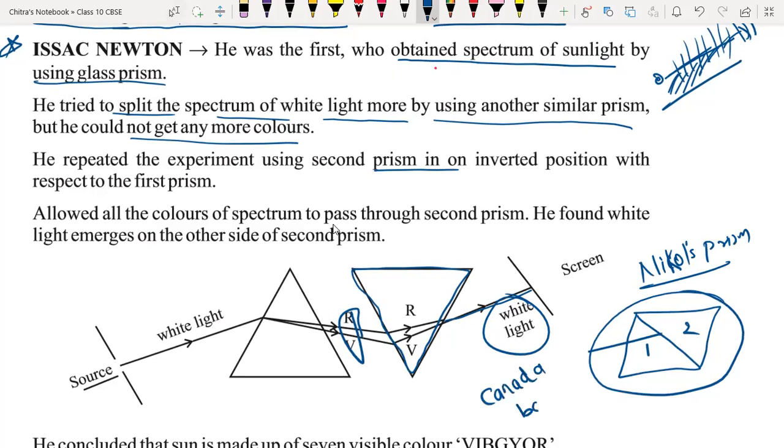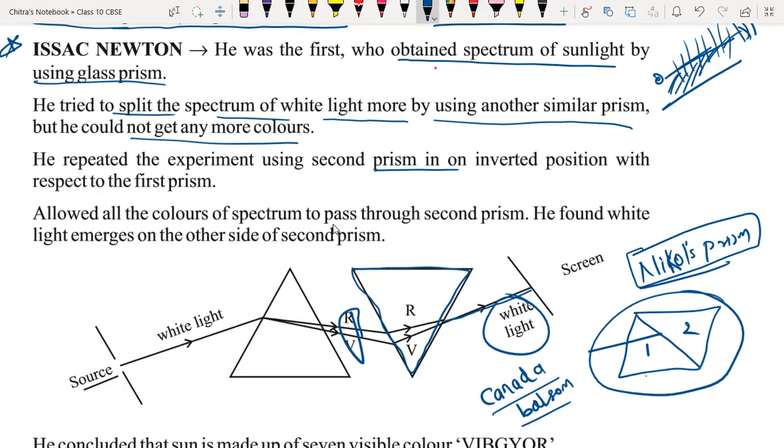Canada balsam is the adhesive which does not create any air bubbles while pasting the two prisms together, and does not change their transparency. That's why Canada balsam is used for pasting these two prisms base to base. Such a prism is called a Nicol prism.